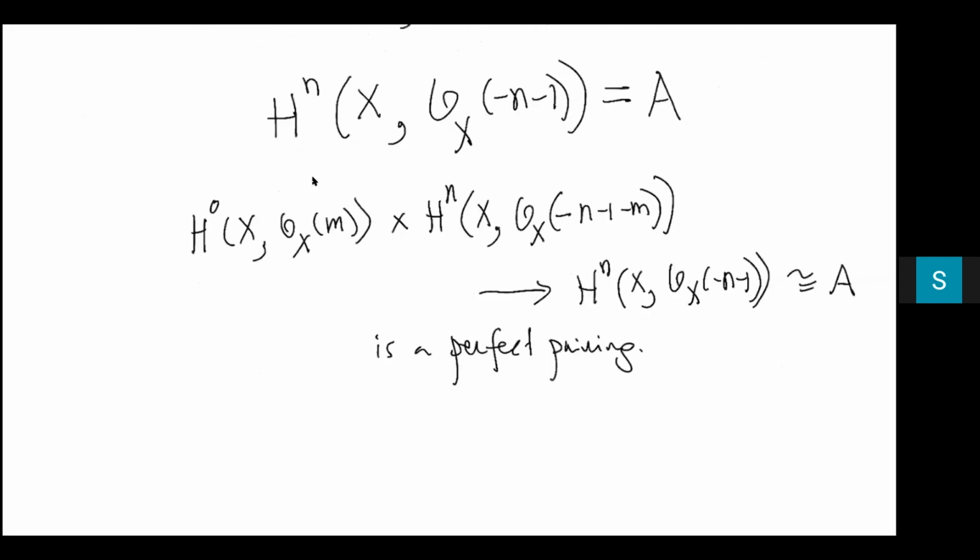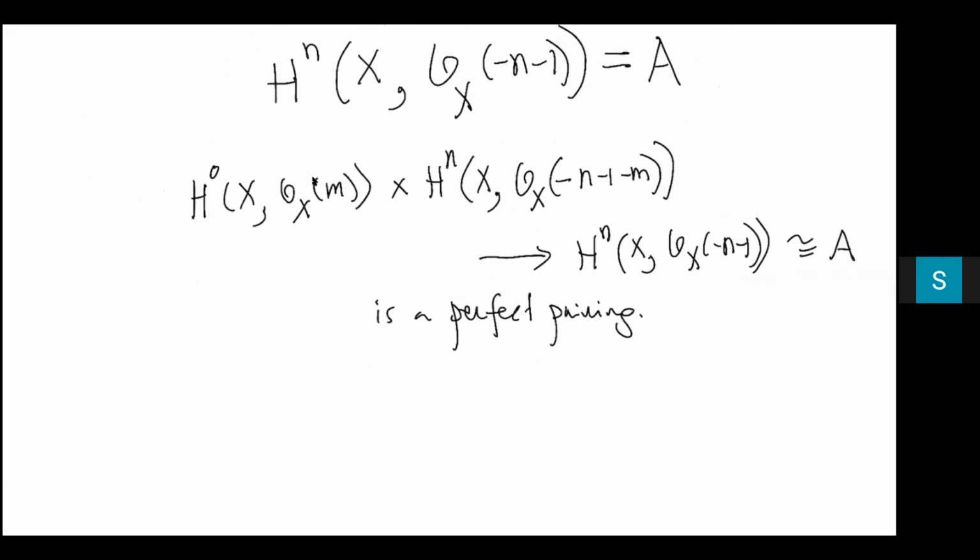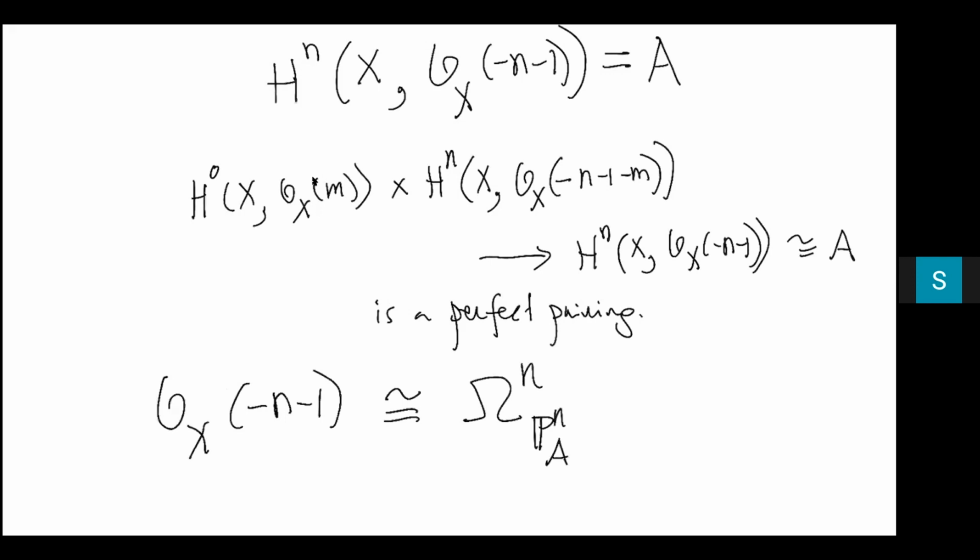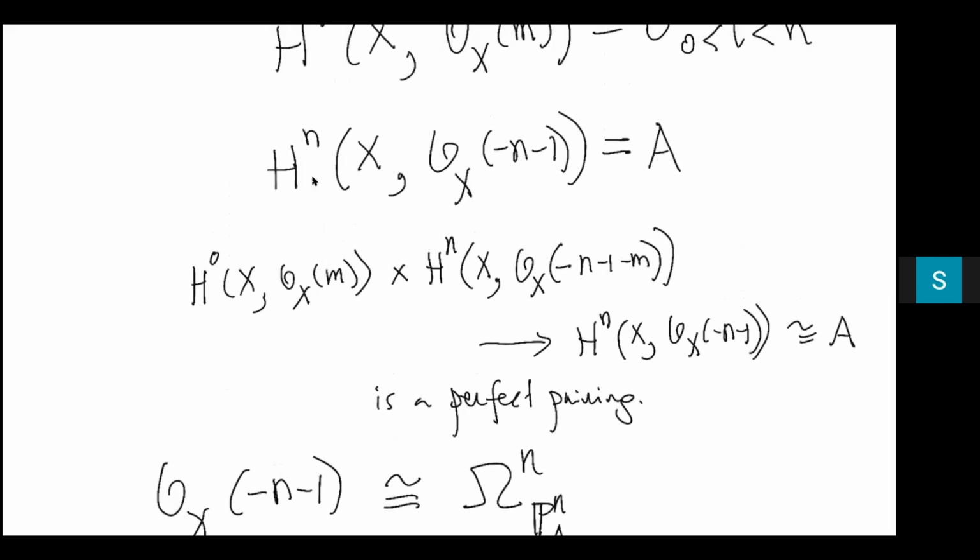Okay, so this is what we get by some explicit calculations. The important thing to keep in mind here is that OX minus n minus 1 we calculated was actually omega n of PNA. So therefore, this is the first glimpse of Serre duality.